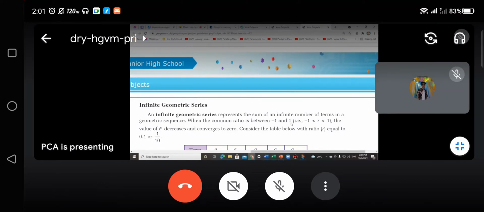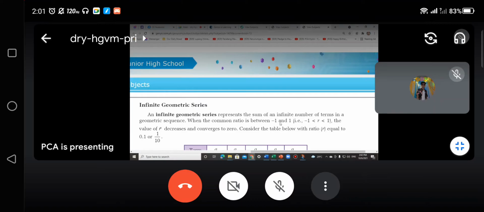Derived from the consecutive terms, right? You know what I mean, no? If it gives you negative 1, it does not qualify that it is an infinite geometric sequence, no? And or series. It's not. You cannot say because it's negative 1 and 1.